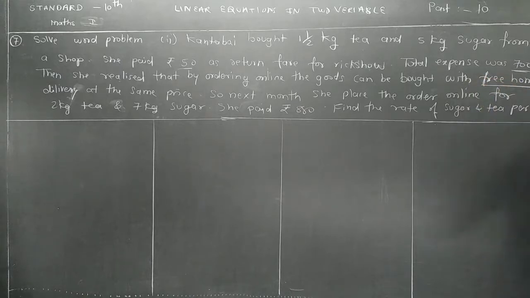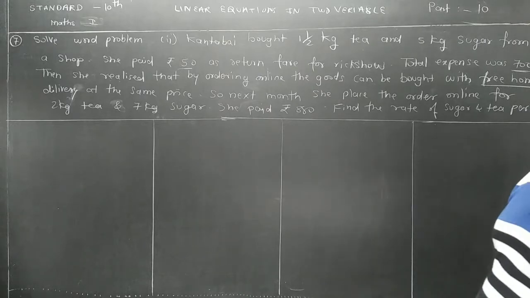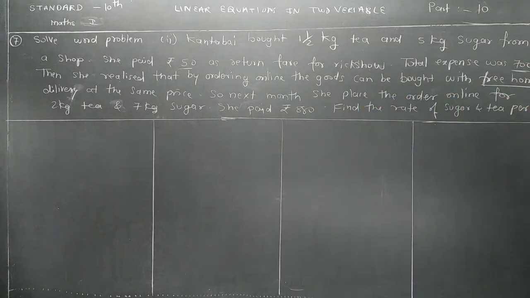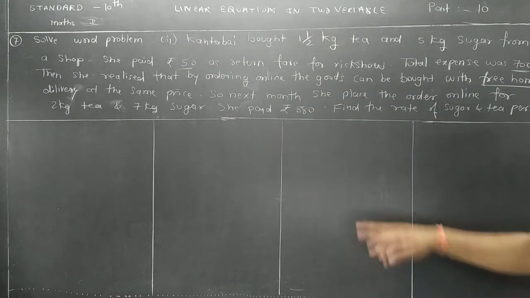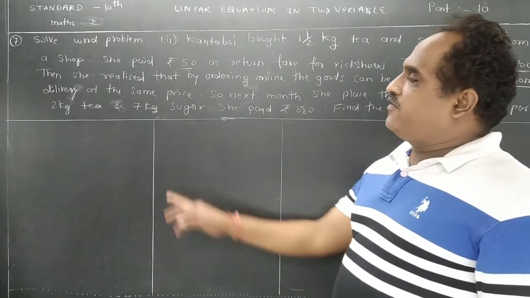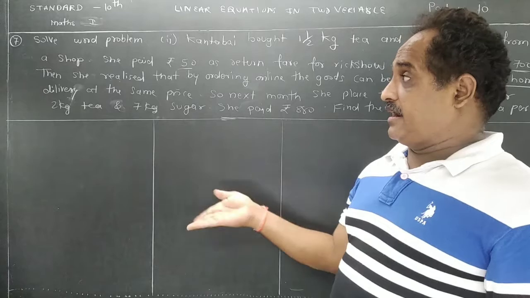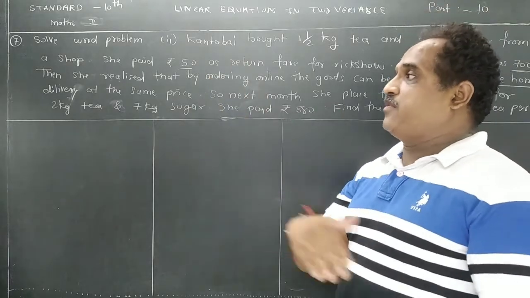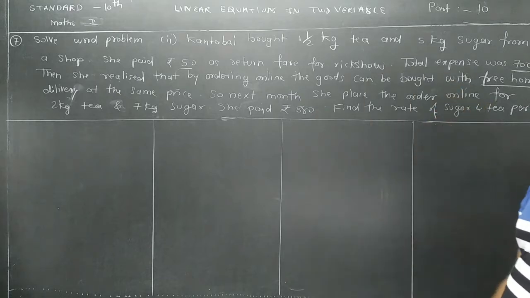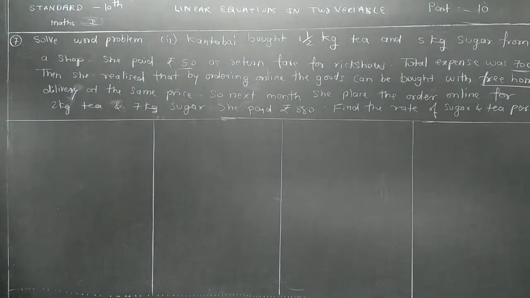Nowadays you know that shopkeepers or online sellers deliver to your home without charge, at the same price. So next month, what did she do? She placed the order online for 2 kg of tea and 7 kg of sugar, but the rates remained the same as when she bought from the shop. She paid 880 rupees. Find the rate of the sugar and tea.